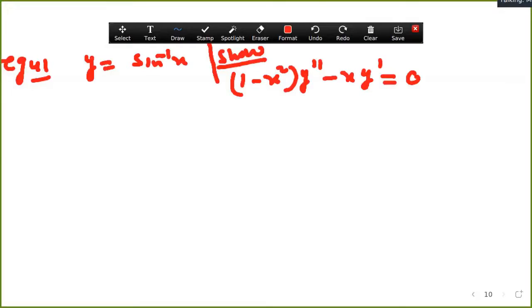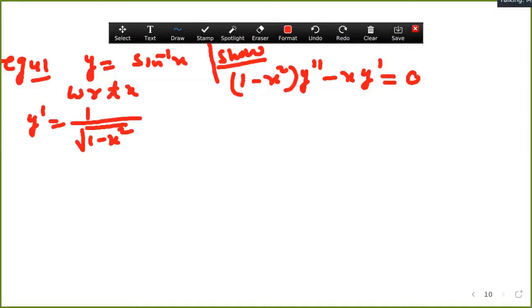Now we have to prove it. So let's differentiate y with respect to x. y dash is equal to the derivative of sine inverse x, which is 1 upon under the root 1 minus x square.